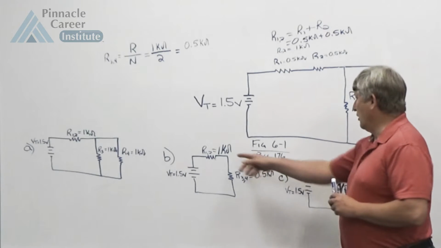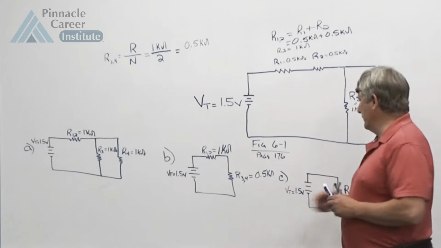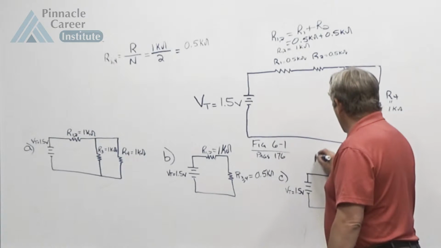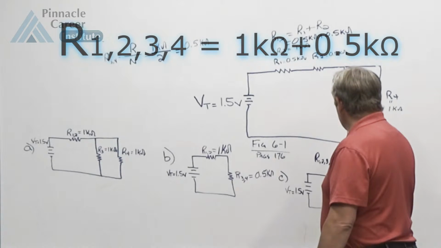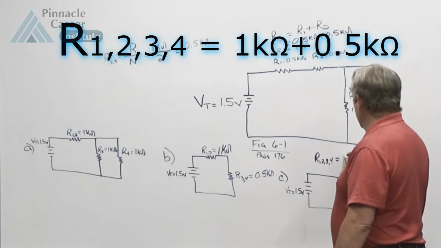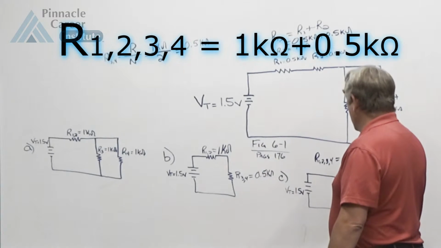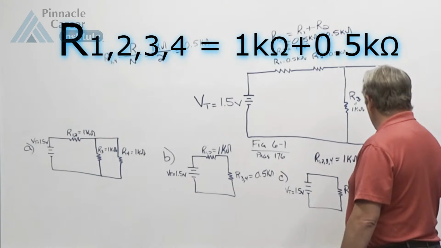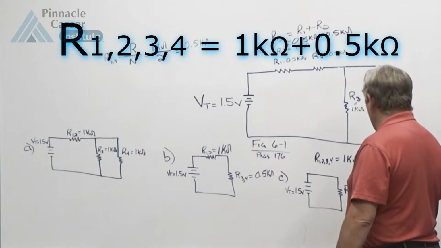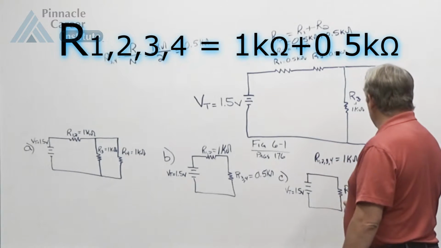And so R12 in series with R34, we're going to add that. So our R1234 is equal to 1K ohms for R12 plus 0.5K ohms for R34.